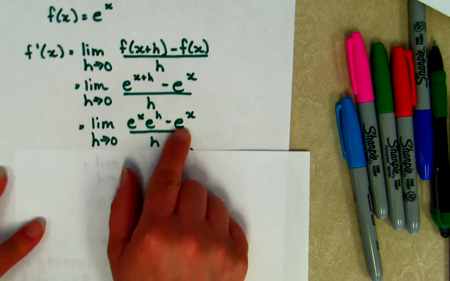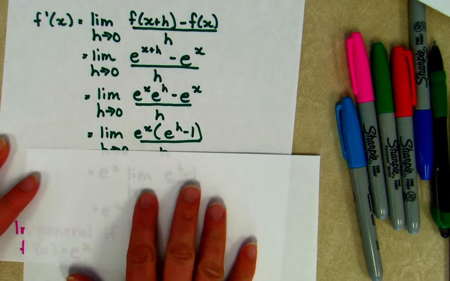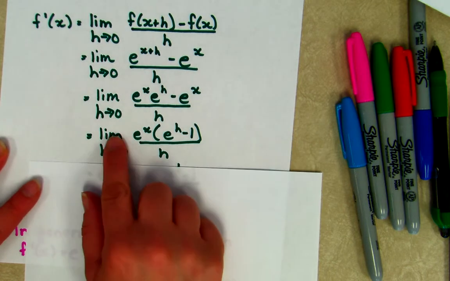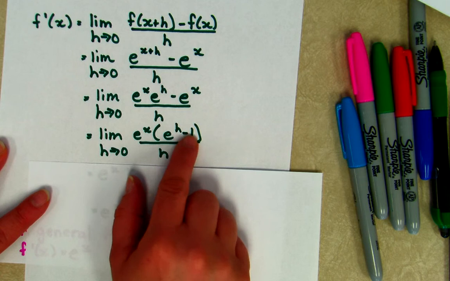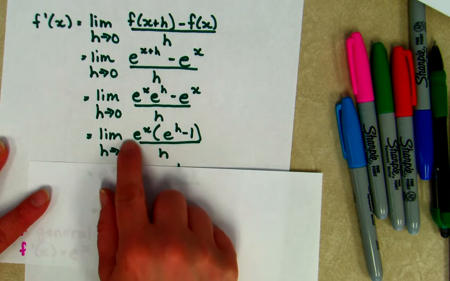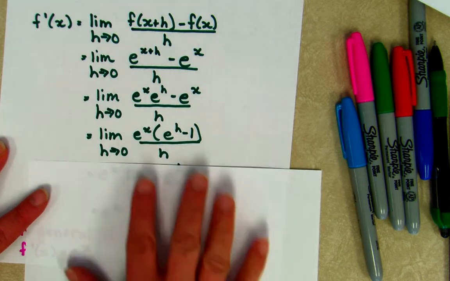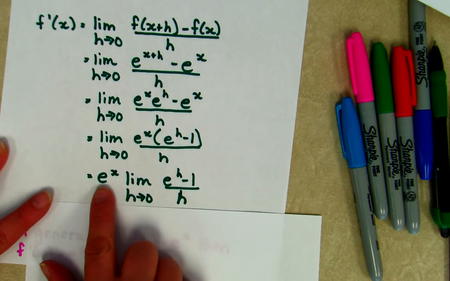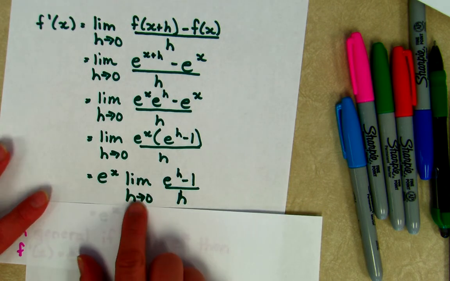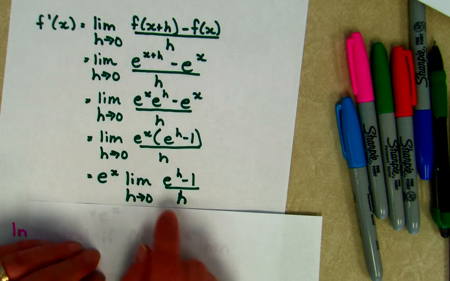Now I can common factor out an e to the x, and I get the limit as h approaches 0 of e to the x times e to the h minus 1, all over h. Because the e to the x has no h involved in it, it can come in front of the limit notation. So I have e to the x times the limit as h approaches 0 of e to the h minus 1 over h.